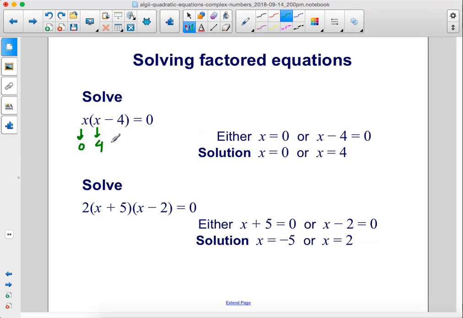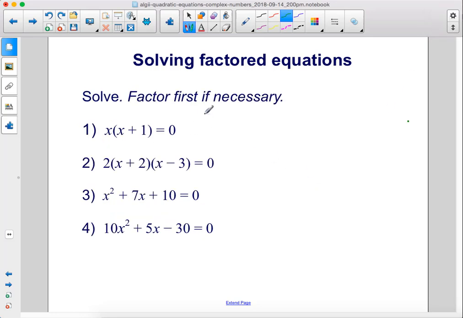Both of those situations would say that this whole thing was true, that this was 0. Here we have two solutions as well. Either x equals negative 5, which would eliminate this number here, or x equals 2, which would mean that this would be 0. If either of those are 0, the whole thing is 0 because they're multiplied together.